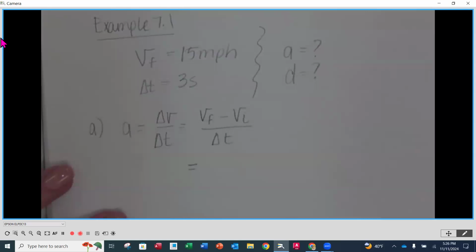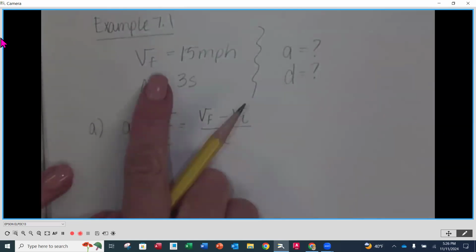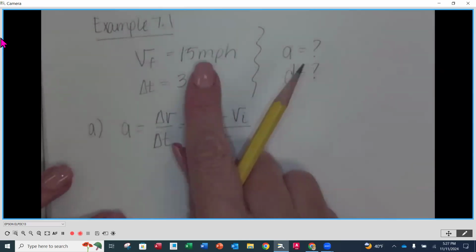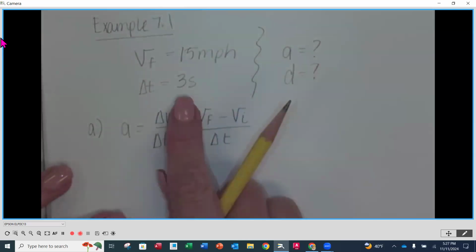Now, you'll notice that our velocity final, because it says here that we're speeding up to 15 miles per hour in 3 seconds, that would be our velocity final, right? As we identified. And then we have our time in seconds. So right now, this is in miles per hour, and this is in seconds.